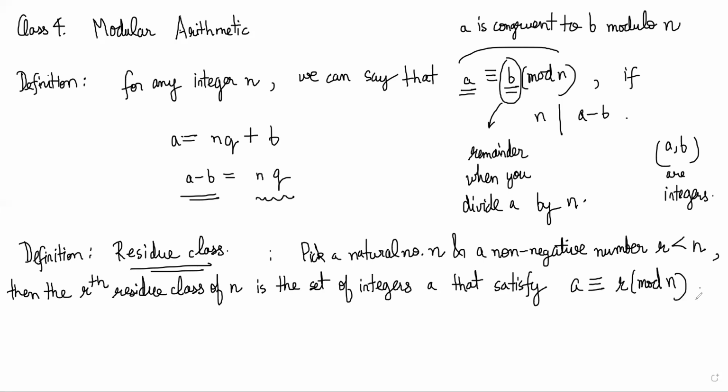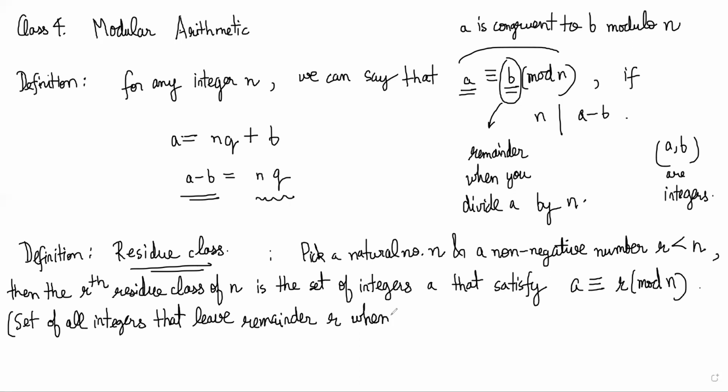Basically, this means the set of all integers that leave remainder r when divided by n. So any number that gives a remainder r when divided by n will belong to the rth residue class of n, right?